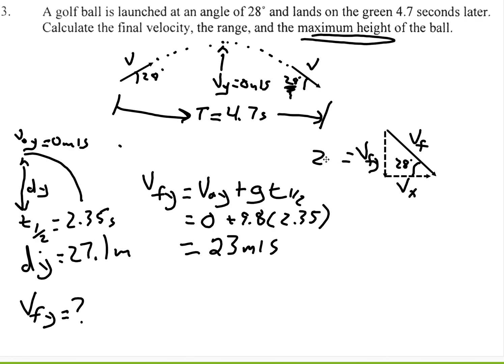So now I know this side of the triangle. If I know this side of the triangle, I could figure out all sides because I know that angle. So this side is the opposite side from 28. If I want to figure out the hypotenuse, what trig function is opposite over hypotenuse?